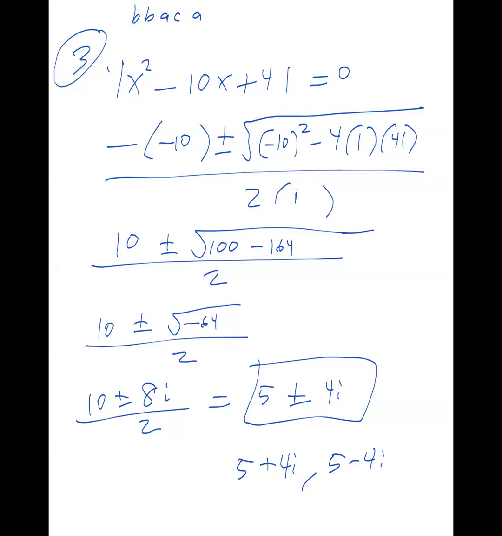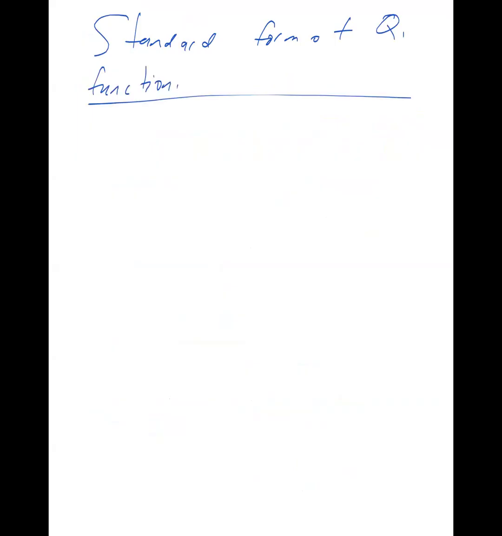Now let's go on. We're going to learn something different now. You ready? We're going to learn about the standard form of a quadratic function. I'm just going to say Q for quadratic function.